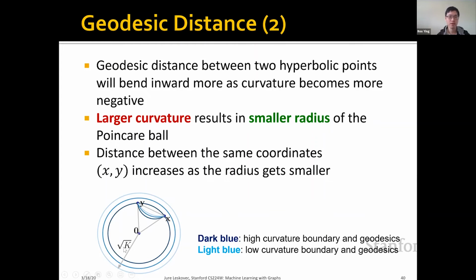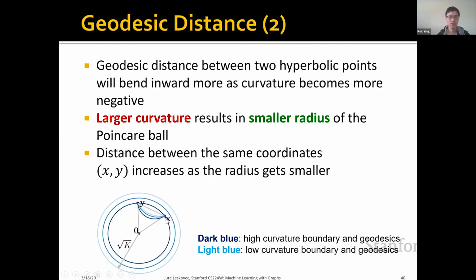The more negative the curvature is, the smaller the radius will be. You can see that the geodesics are also drawn here. In the dark blue, higher-curvature space, the geodesics are more bent towards the center of the hyperbolic space, whereas for the lighter blue space, which has larger curvature, the geodesics are less bent inward.